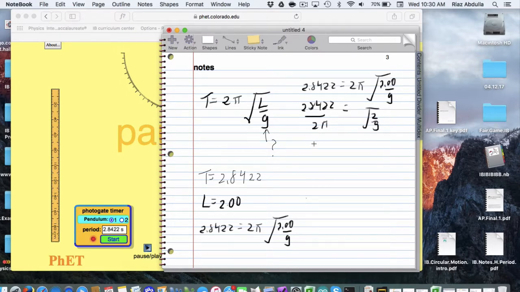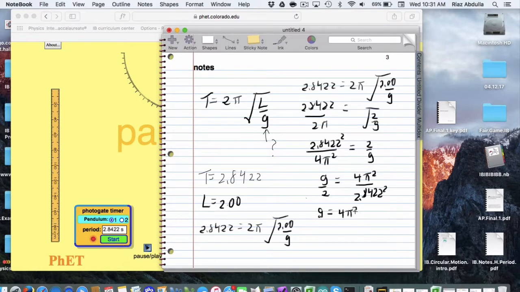So that'll be 2.8422 squared over 4 pi squared equals 2 over g. We'll do a bit of algebra here. You gotta follow this algebra. If you can't, you need to write it out to get to where I get you. So this is going to be g over 2 equals 4 pi squared over 2.8422 quantity squared. We'll multiply both sides by 2.